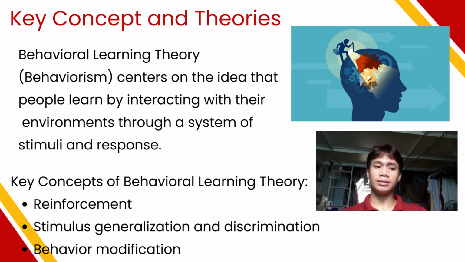Stimulus generalization is the process by which an organism responds to new stimuli that are similar to the original conditioned stimulus. Stimulus discrimination is the ability to distinguish between different stimuli and respond only to the specific conditioned one.